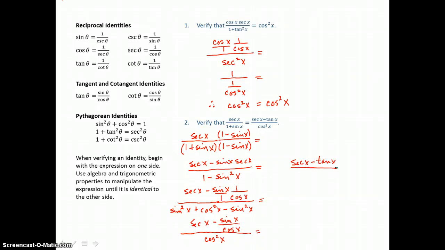And in the denominator, I have cosine squared x. So therefore, the left-hand side does equal the right-hand side, and I'll bring that down. Secant x minus tangent x over cosine squared x. And our proof is done.